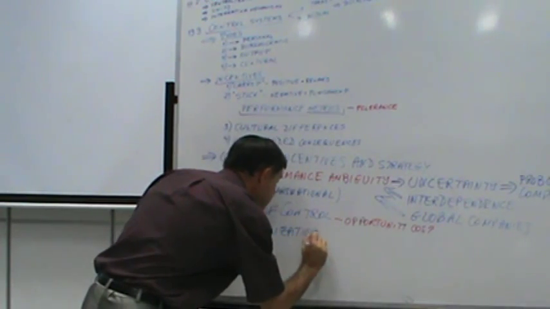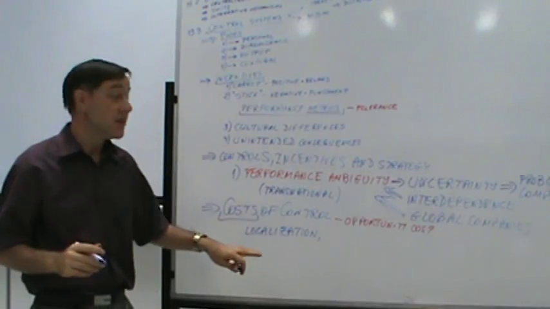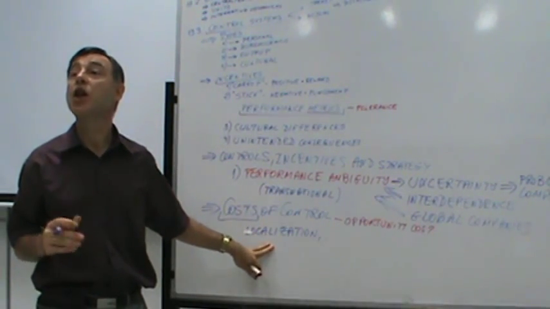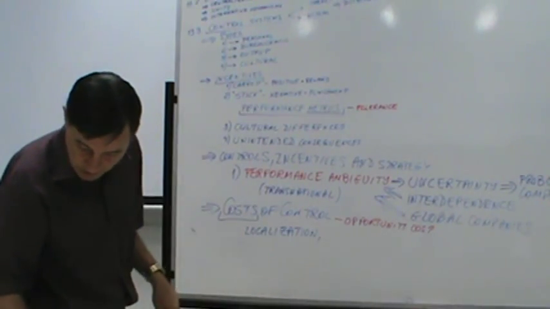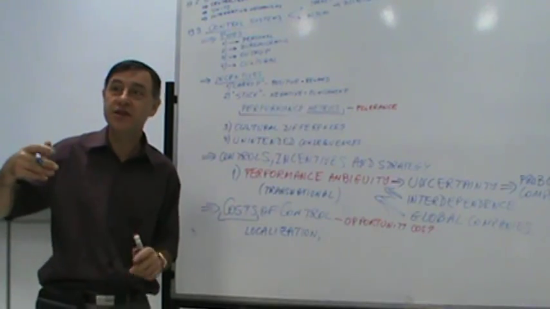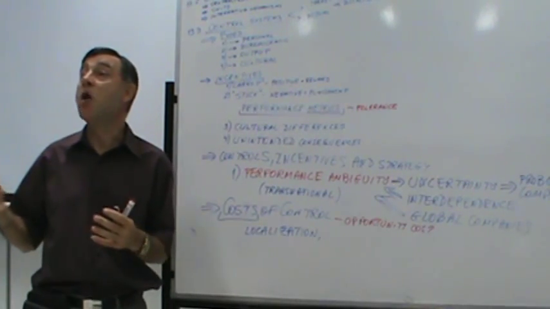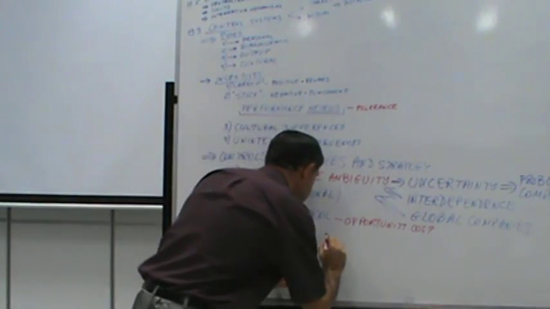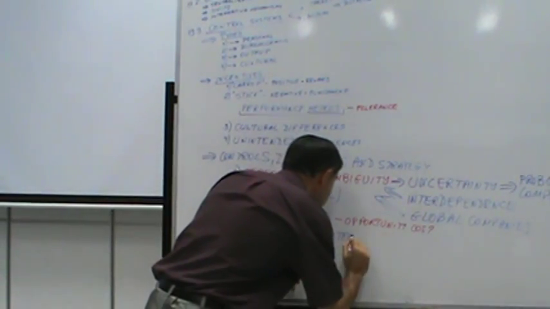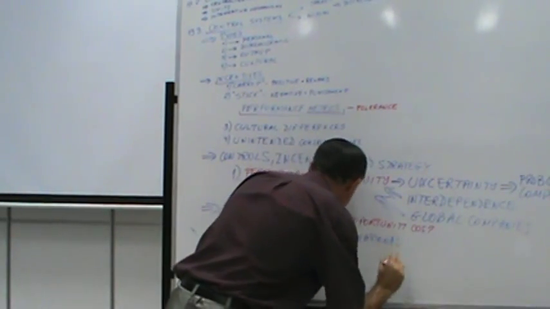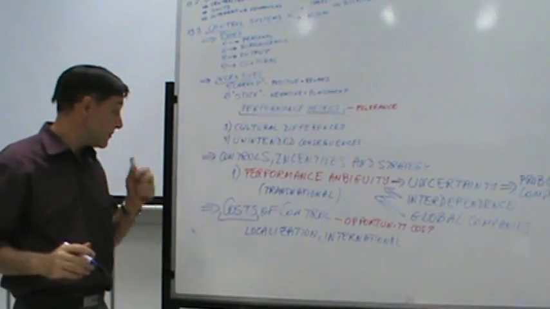Localization strategy, the cost of control is fairly low. Next one, cost of control increases to, let's call it moderate, for international strategy.